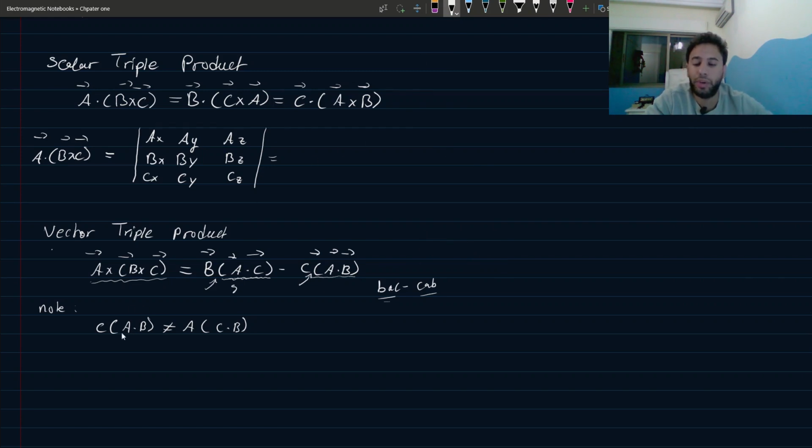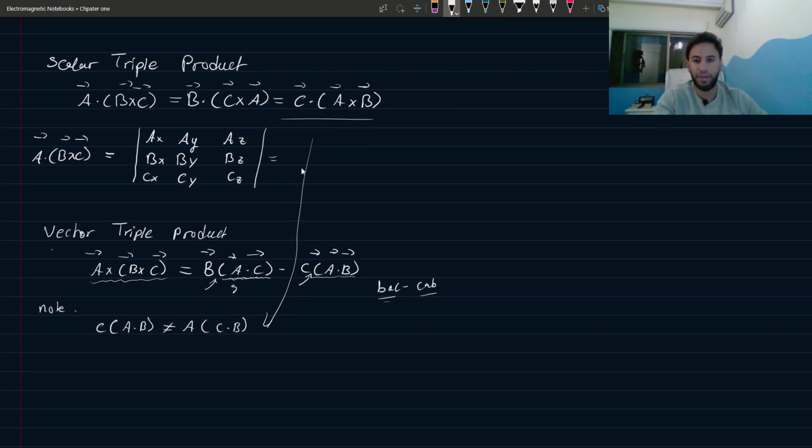And a quick note, C multiplied by A dot B does not equal A multiplied by C dot B. Don't get confused with this and this.